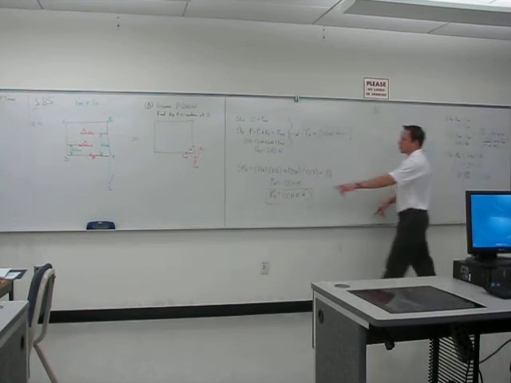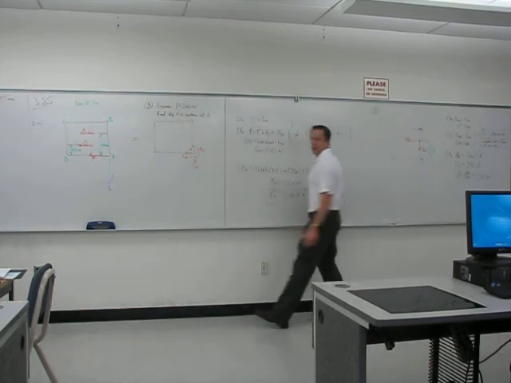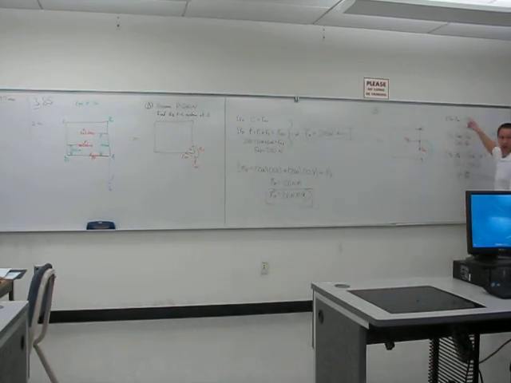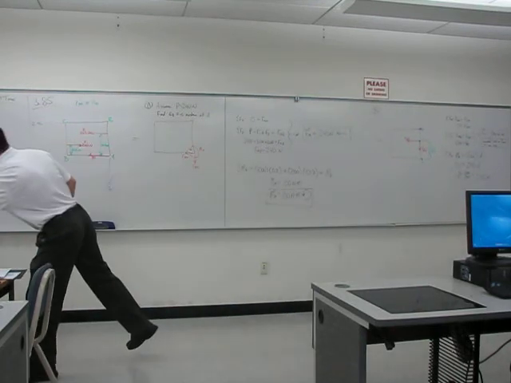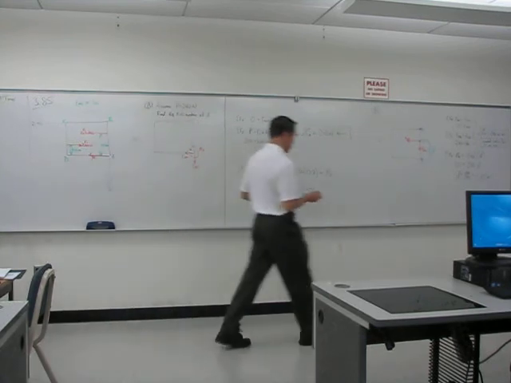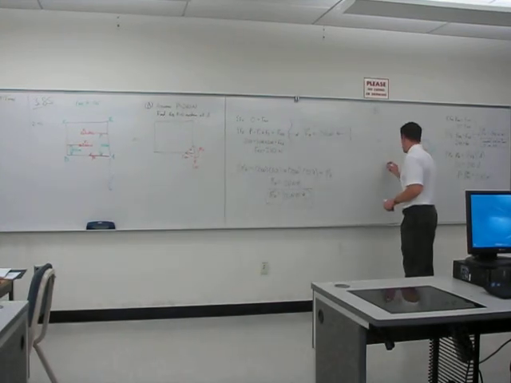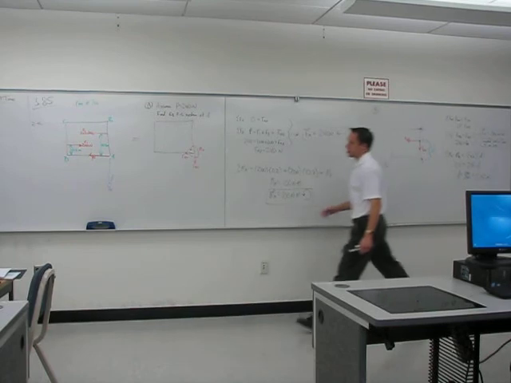Okay, I was using this picture for the left-hand sides of my equations over here. I could have used the original picture, written the same equations, and got the same result. So it would have looked like this in that case. Let's say we were working with the original picture, and we did the sum of the forces in the x direction.